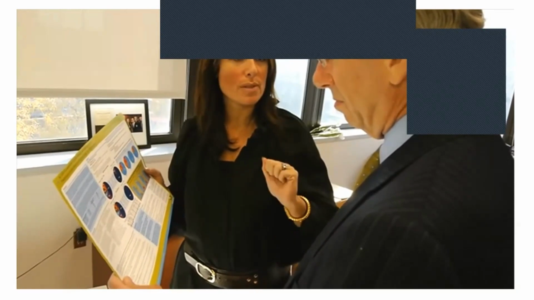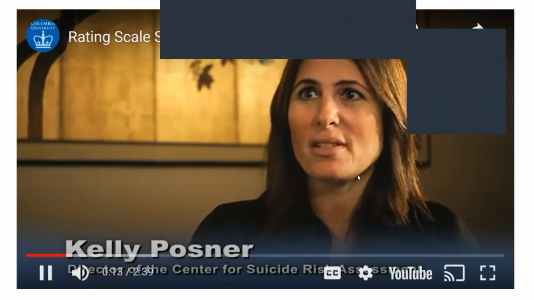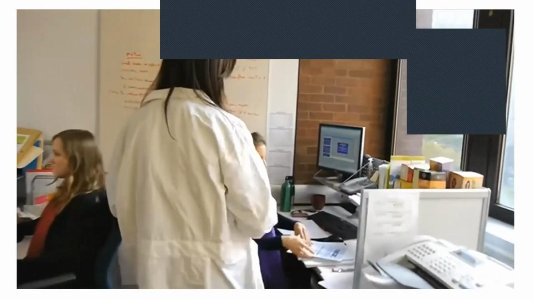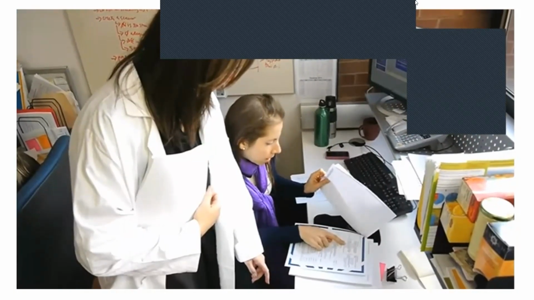If they had a behavior, it was predictive, and if they had both, it was 2 times as predictive. Suicide is a major public health crisis. It's a leading cause of death across the world, across ages. It's an incredibly prevalent and devastating public health issue. And there's no way for us to prevent if we can't identify. We know that 50% of people who die by suicide see their primary care doctor the month before they die. We should be asking these questions the way we monitor for blood pressure.